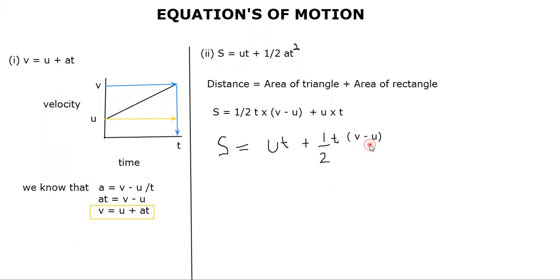I can put the value over here, and what you will get is s equal to ut plus half at square, because v minus u becomes at, and at into t becomes at square. So this is the second equation of motion, and this is its proof.